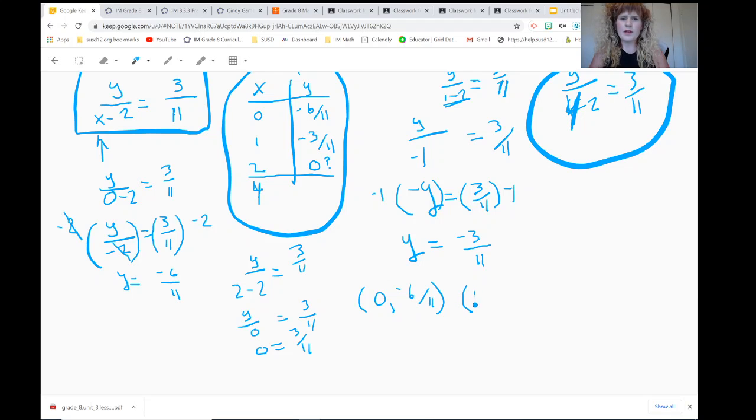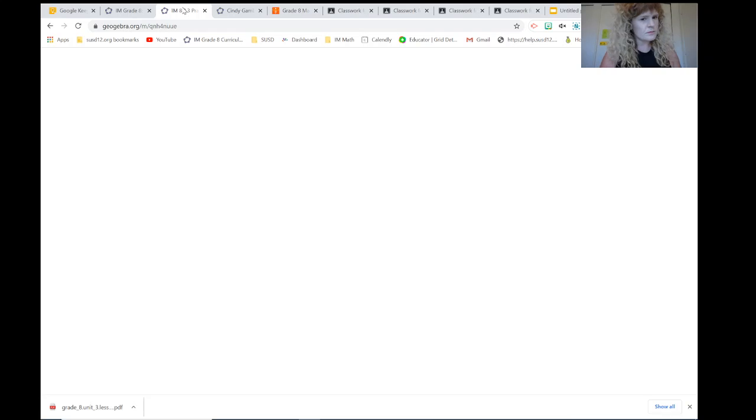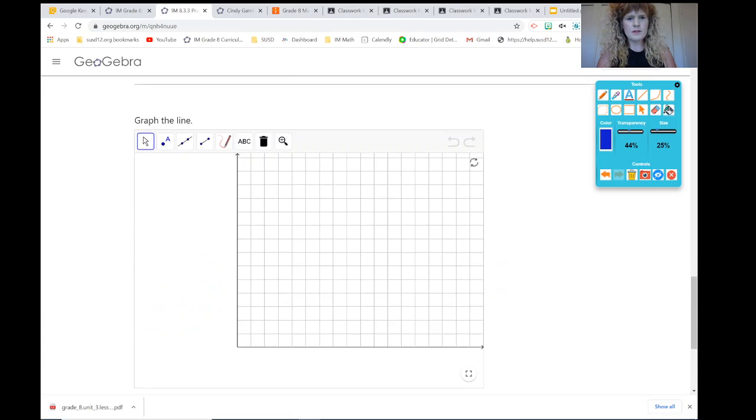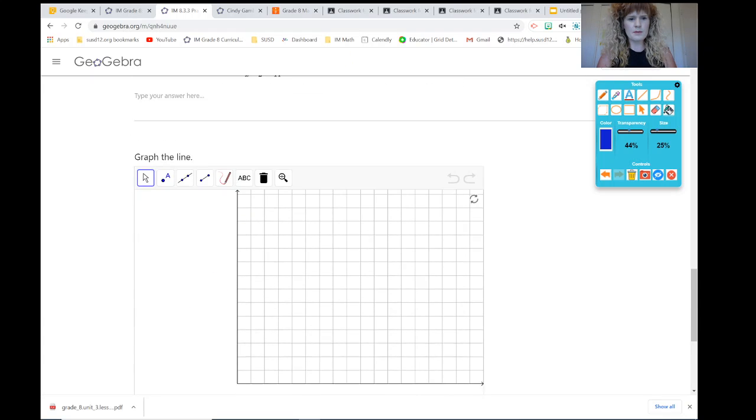Another coordinate point, when x equals 1, y equals negative 3/11. And another coordinate point was when x equals 4, and I didn't finish solving that. I don't want you to just copy my answers anyway, so please solve that one for x equals 4. And then when you're done solving those, make sure you take a nice picture of your notes because you're going to turn that in with your assignment.